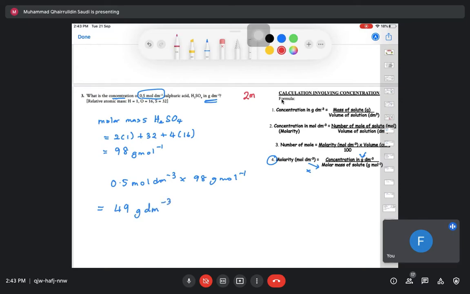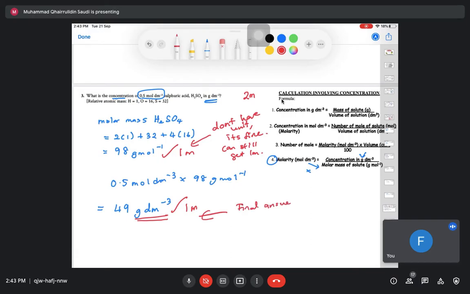So this one is 1 mark and this one is another 1 mark. Must have the correct unit. For this one, if you don't have unit, it's fine, you can still get 1 mark. But the final answer must have the correct unit. If not, you won't get any mark. Is it clear?